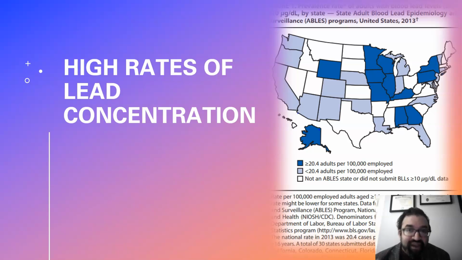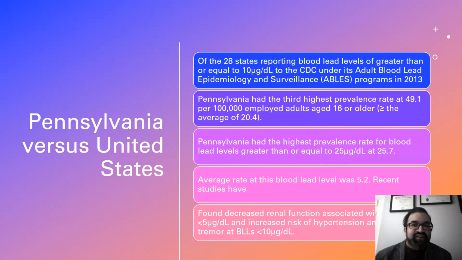But going more into talking about how high rates of lead concentration affect the body, typically 10 micrograms per deciliter is usually considered the magic threshold number.